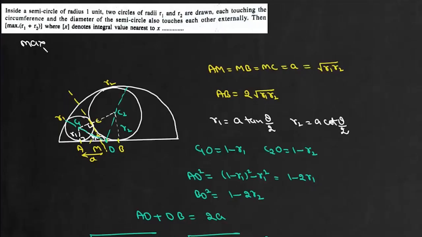So the maximum value of r1 plus r2 is 2 times root 2 minus 1, which is nearly 0.83. Now this is not the greatest integer function, this is the integer value nearest to x. This value is 1 and that is the answer to this question.